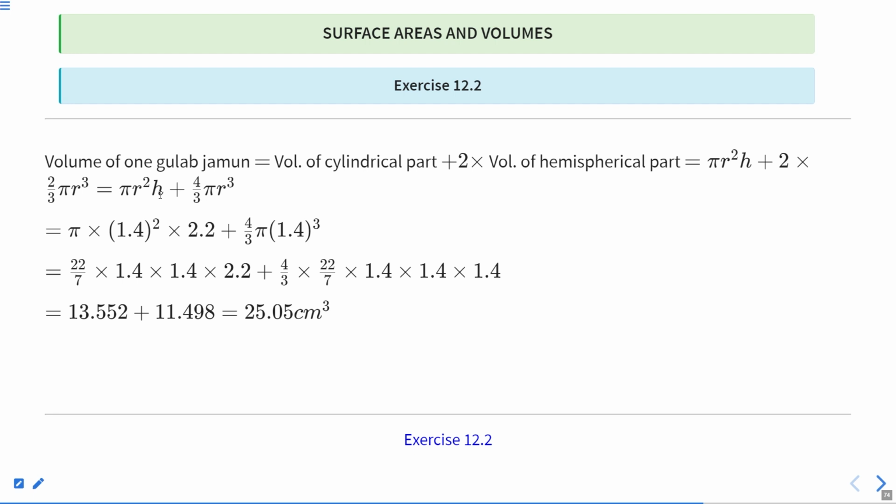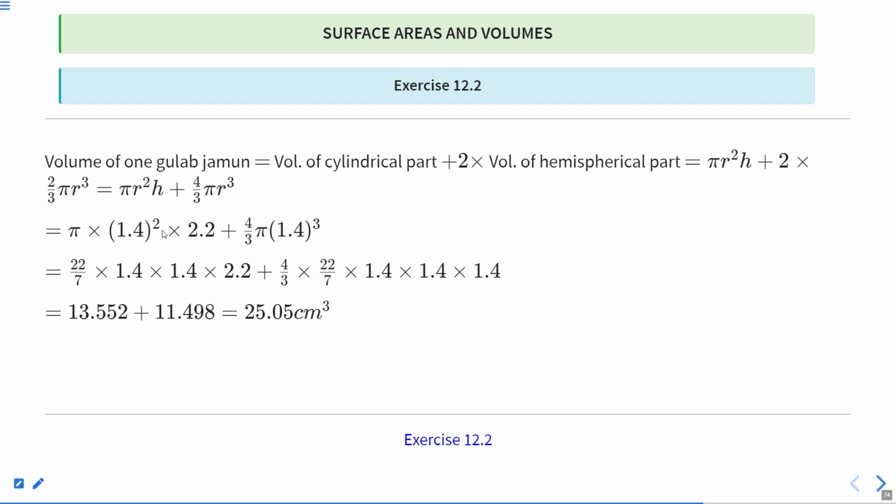Here the value of r is 1.4 centimeter, the height of the cylindrical part h is 2.2 centimeter, and the radius of the hemispherical part is 1.4 centimeter. Now if we put these values in this formula, the volume of one gulab jamun is equal to pi times 1.4 square times 2.2 plus 4 by 3 times pi times 1.4 cube.